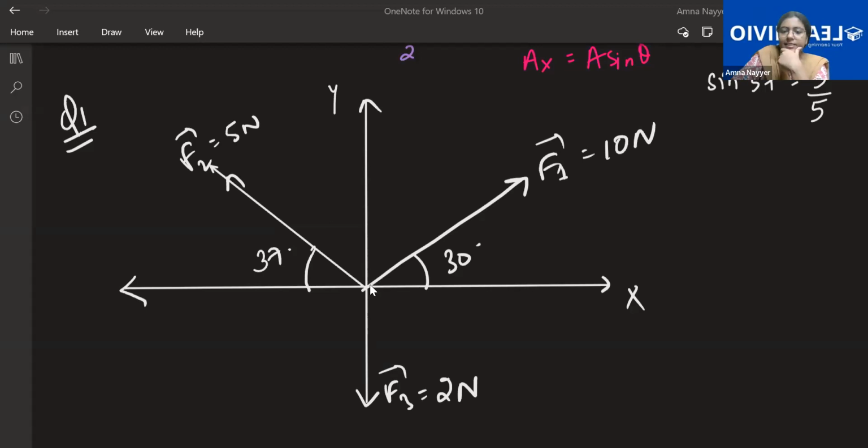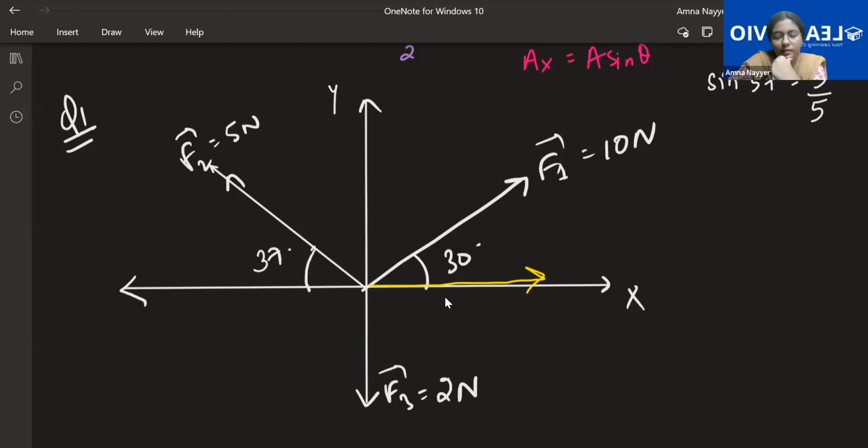So along the x-axis, can anyone tell me what will be the value of the force? Which component should come? This is the angle. This is the axis. Just adjacent to the axis. What did I tell?